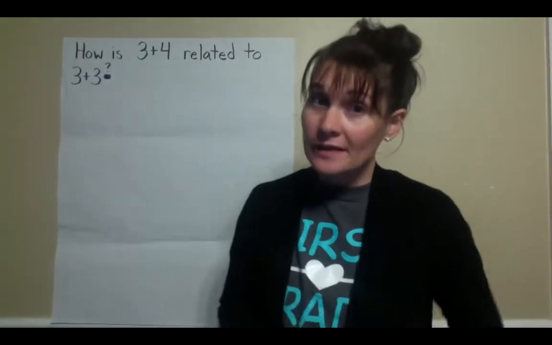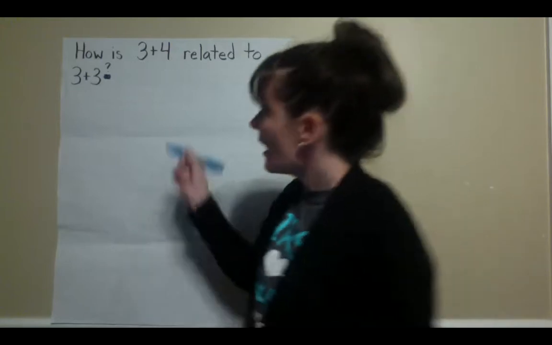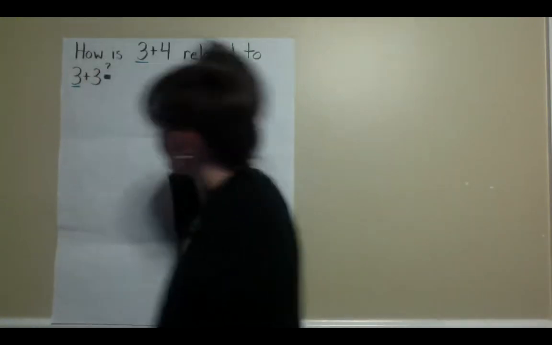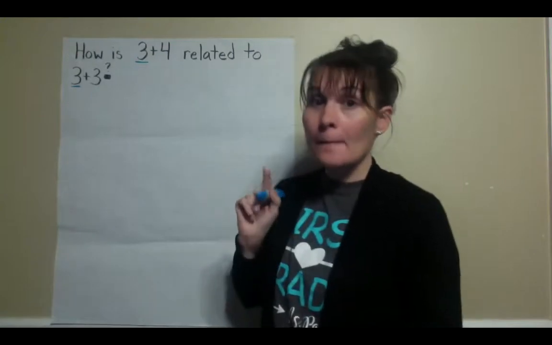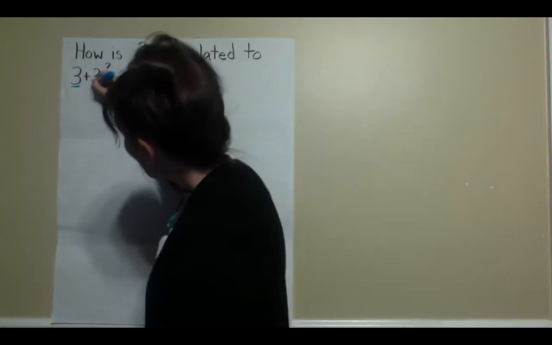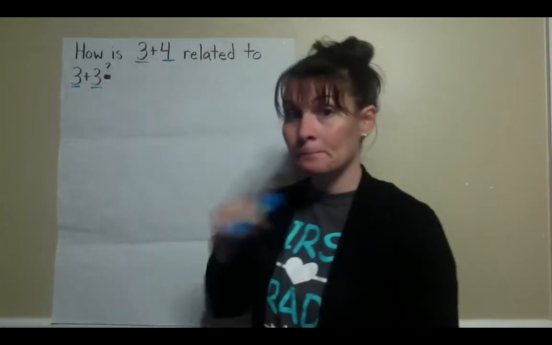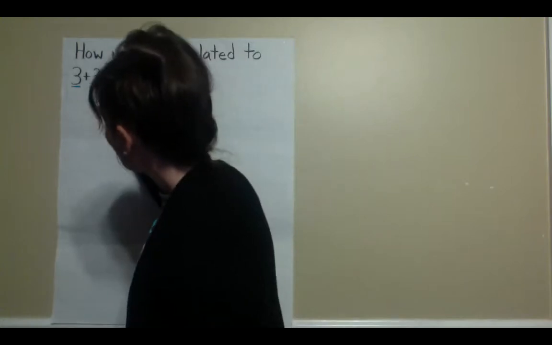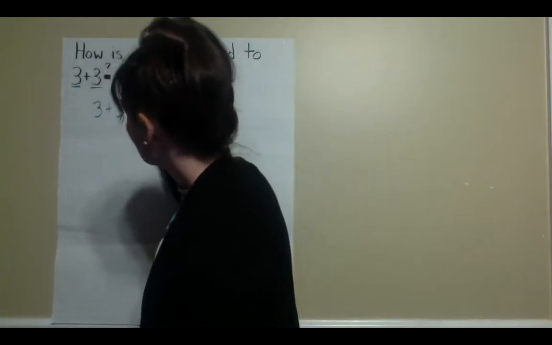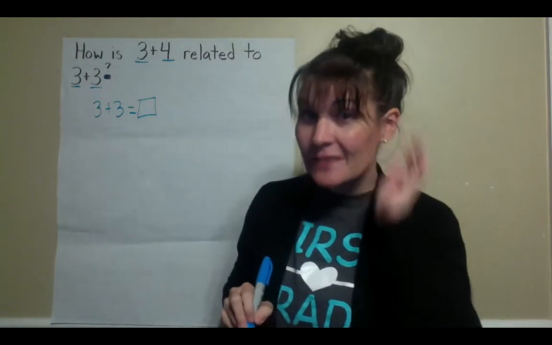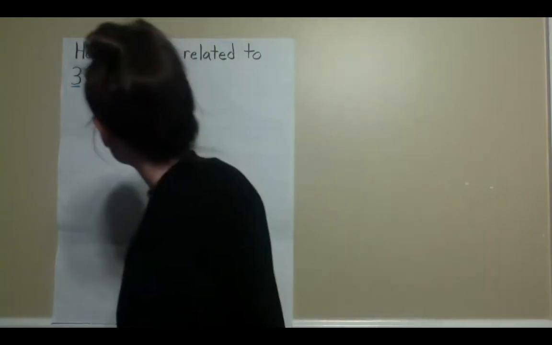I heard some great thinking out there. I know that they both have 3s, but this one has a 4 while that one has a 3. So 3 plus 3 equals what, guys? That's right, it's 6.